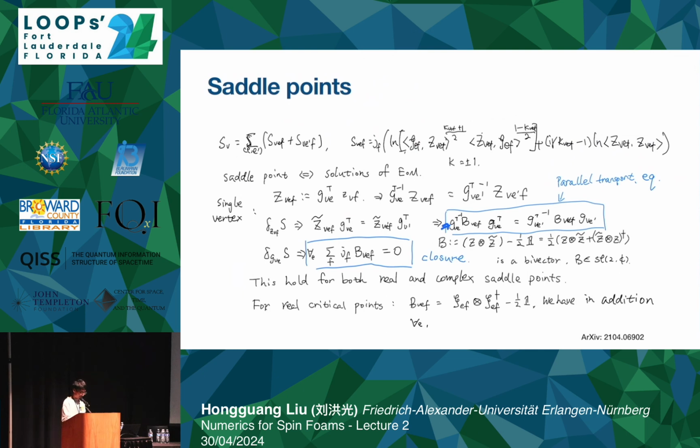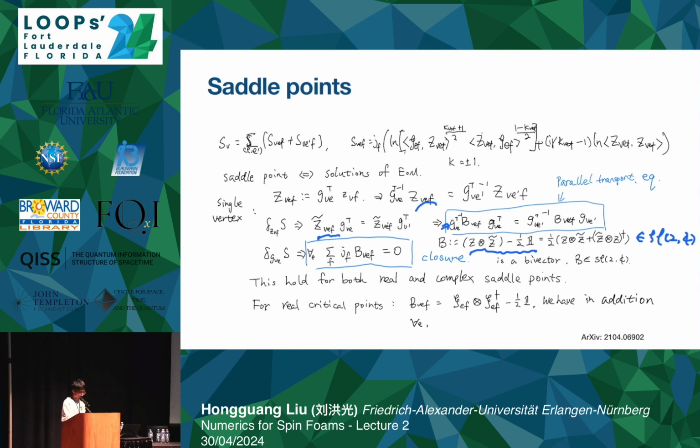And how to define the bivector: if I define this, and that tilde comes from the variational principle, this actually forms a bivector, which is an element of the Lie algebra of SL2C. So this is a bivector, and this equation becomes a parallel transport equation on bivectors, which are the Lie algebra of the SL2C group elements.